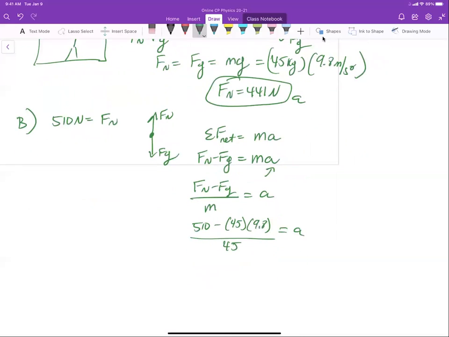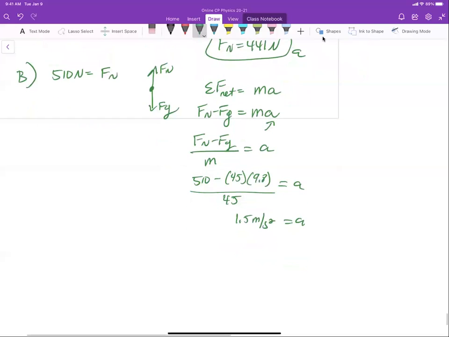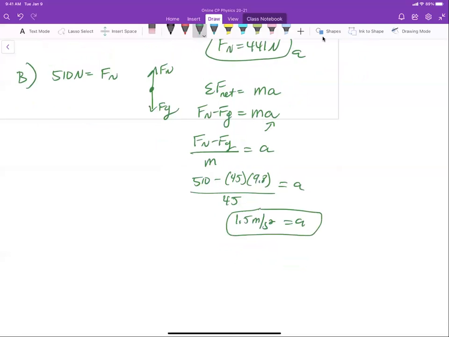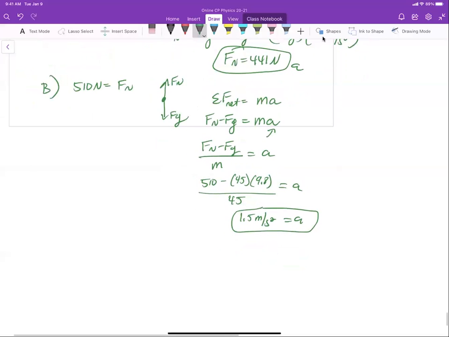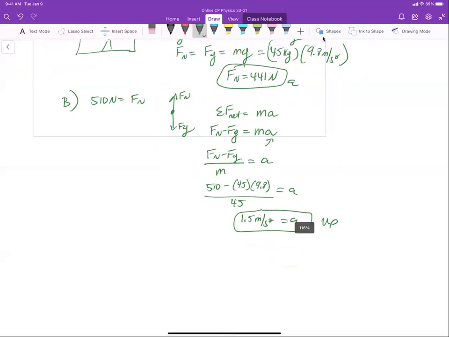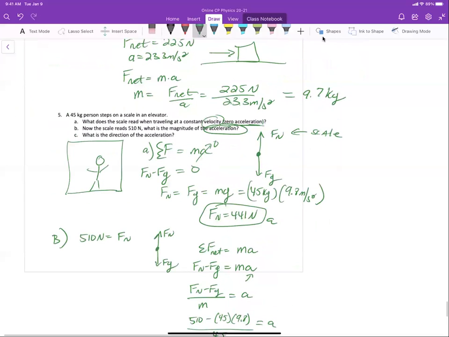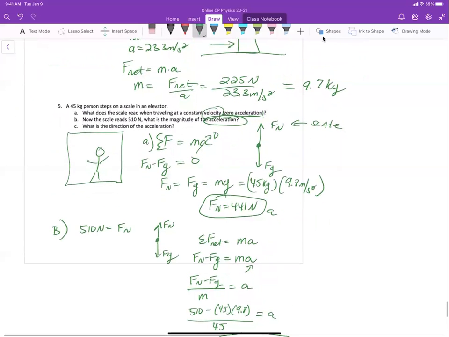So let's do that. I find acceleration to be 1.5 meters per second squared. This is a positive number. It would have come out negative if it was down, so this is up. It is accelerating upwards. That was the answer to the last part.